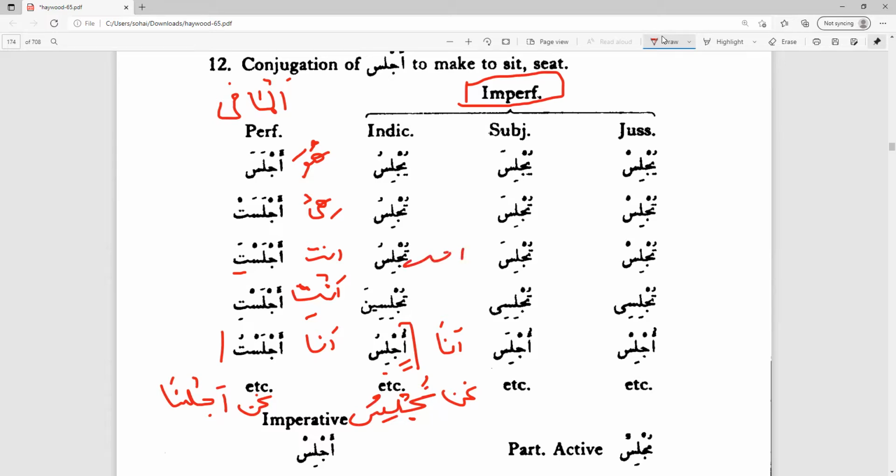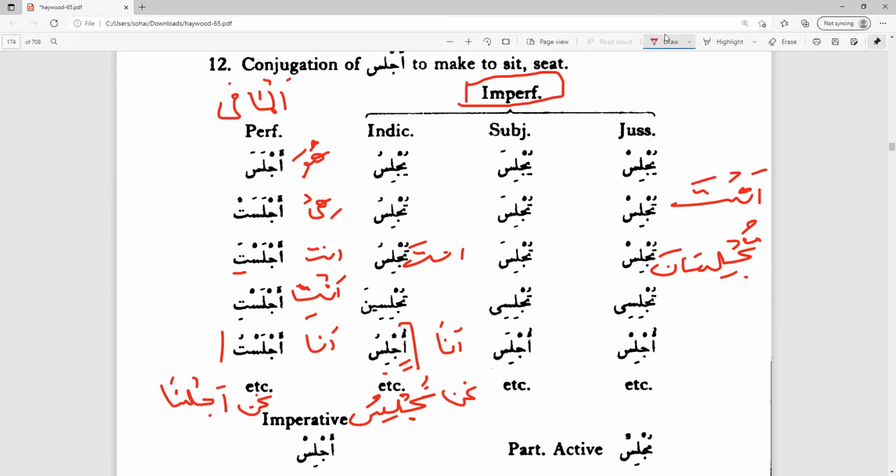Anta tujlisu. Antuma tujlisani. Antum tujlisuna. Again, same pattern. Nothing complicated about that.